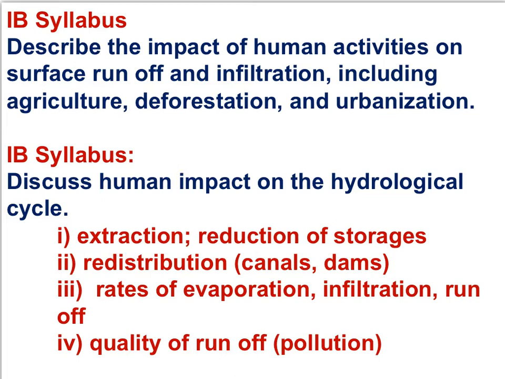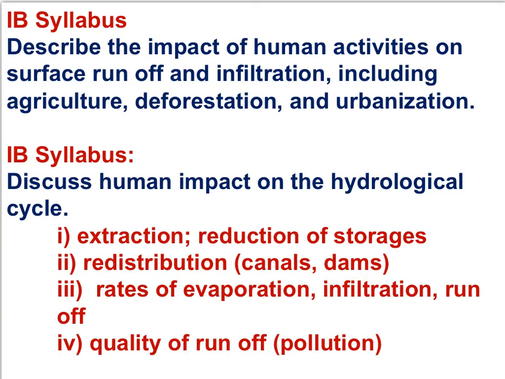We are changing the rates of extraction. There's been a reduction of storages, a reduction of river flow and groundwater. Humans are redistributing water, moving surface water from one location to another using canals. As well, humans are slowing surface flow behind dams.